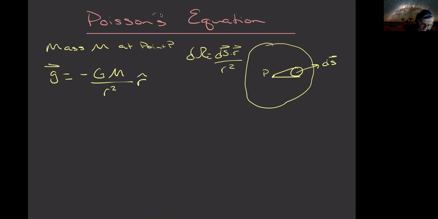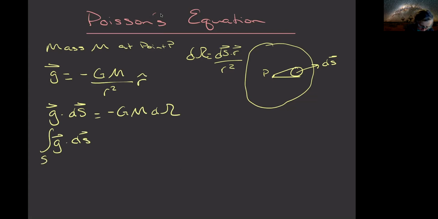And we can go from there to say that the gravitational acceleration dotted with that surface element dS is just minus G times the mass m times this solid angle d omega. Now, if we integrate that over the surface, then we have minus 4 pi G times m. And these should all look fairly familiar.